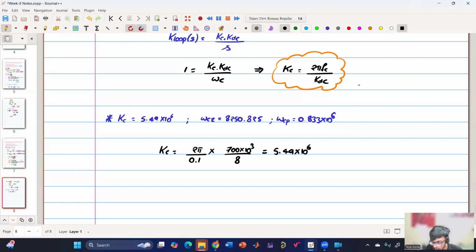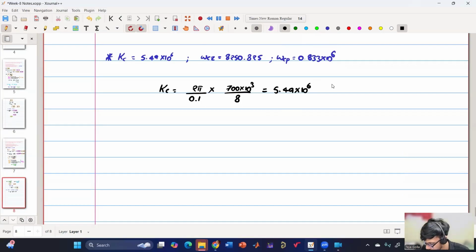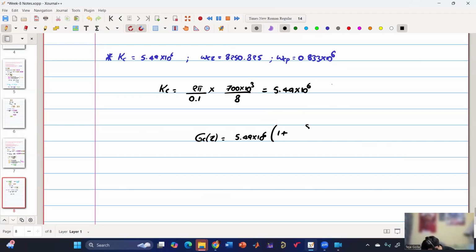Okay. So now if I write the overall GC of Z, I'll get GC of Z is equal to 5.49 into 10 to the power 6, times 1 plus S by omega Z, where omega Z is 8250.825, divided by S into 1 plus S by 0.833 into 10 to the power 6.